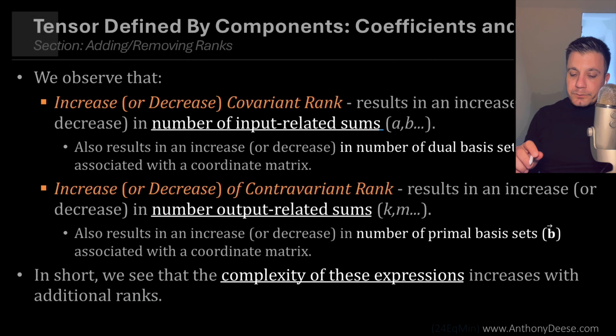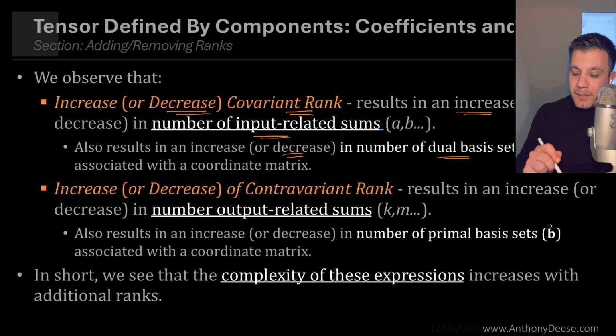So when we look at this equality, we observe that an increase or decrease in covariant rank results in an increase or decrease in the number of input-related sums. This also results in an increase or decrease in the number of dual basis sets, right, the inverted basis sets, associated with a coordinate matrix.